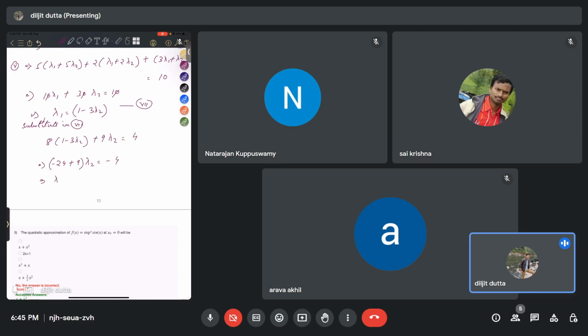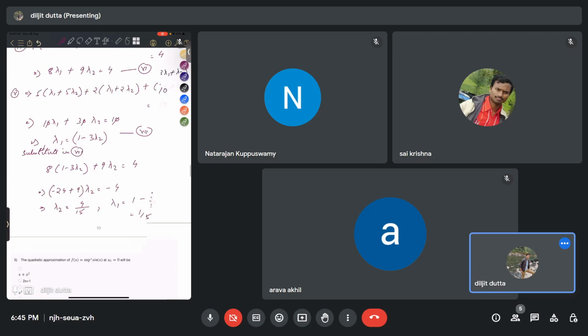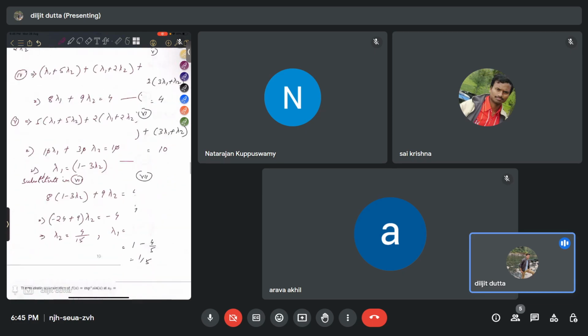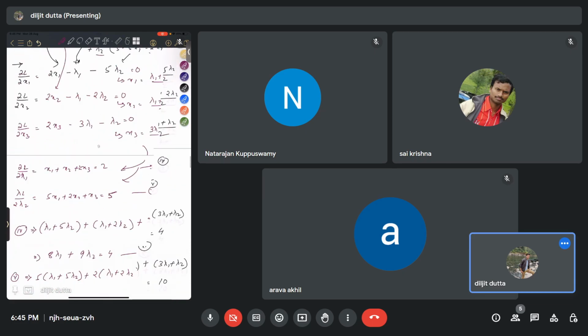I think lambda 2 will be equal to 4 by 15, right? So lambda 1 is equal to 1 minus 4 by 5, so 1 by 5. So lambda 1 is 1 by 5, and lambda 2 is 4 by 15.